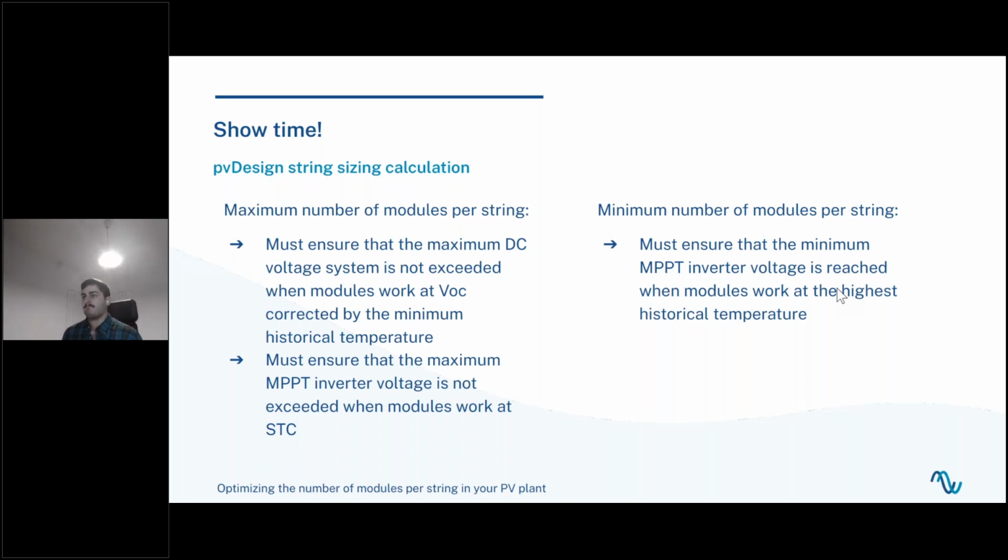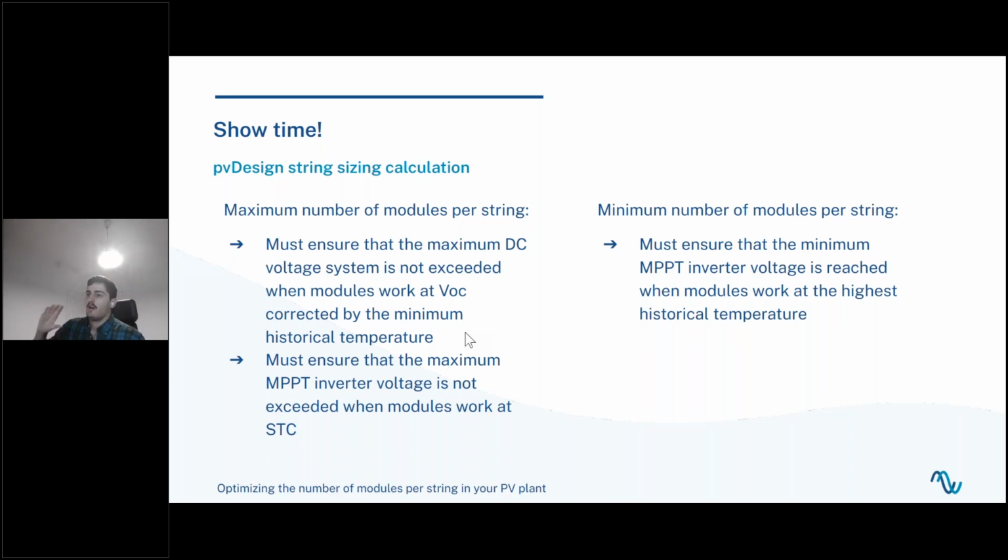So here we can see how pvDesign gives us some recommended values for the number of modules per string that can be defined. We will give you an upper and a lower limit. The upper limit will consider the restrictions defined by NEC and IEC.